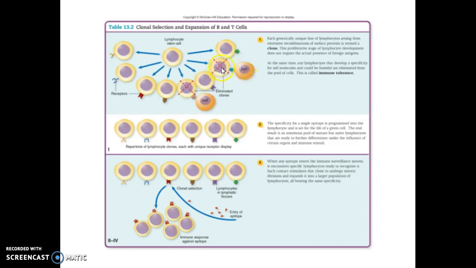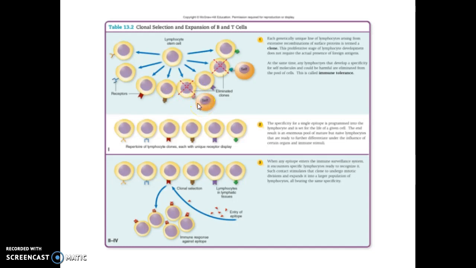This one is going to react to a self-antigen. You don't want your immune cells reacting against your own antigens, your own cells, otherwise you develop autoimmune disorders. Same with this one. There's a specific interaction between the receptor on this cell and this self-antigen.